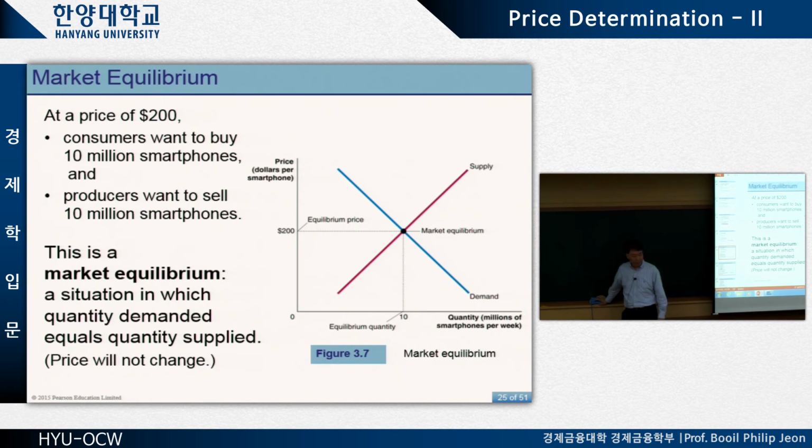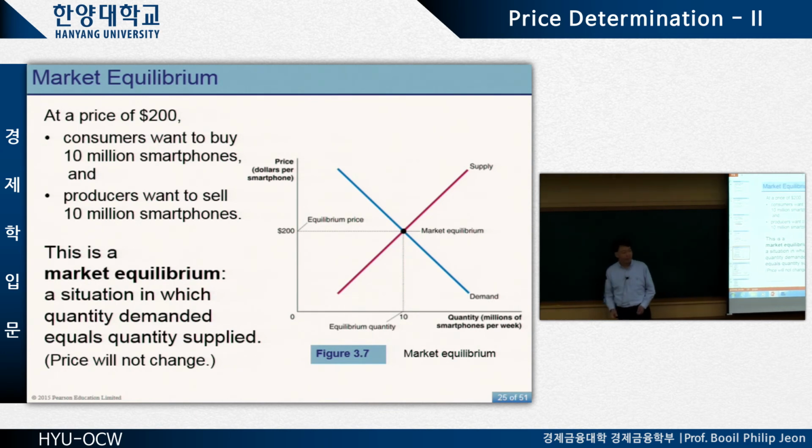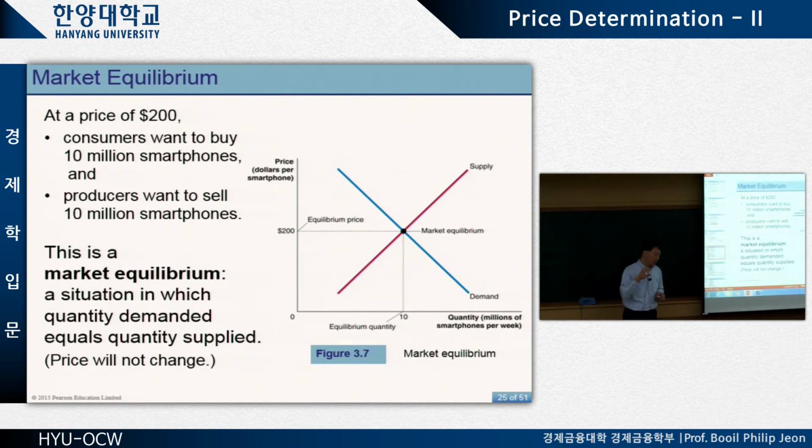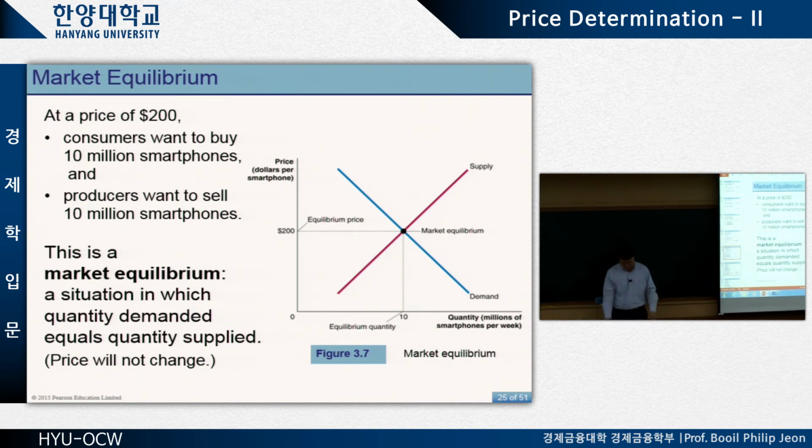Does that mean demand and supply are balanced? Yes, okay. So when we say equilibrium, the usual connotation people imagine is that it's balanced, so everything is fine.